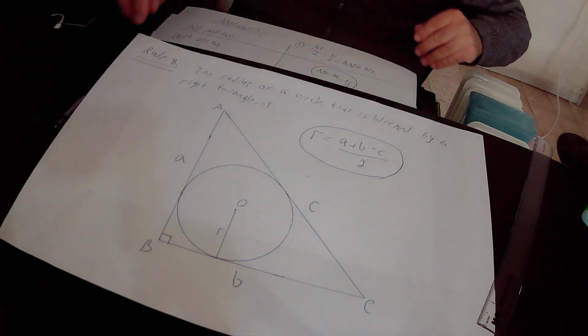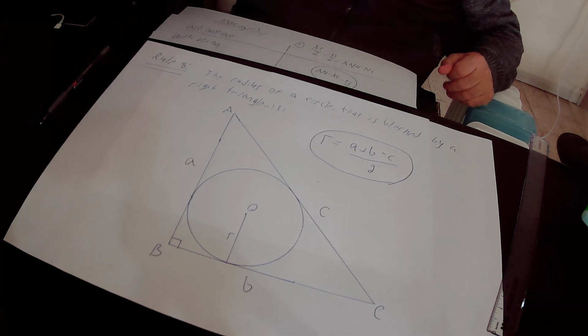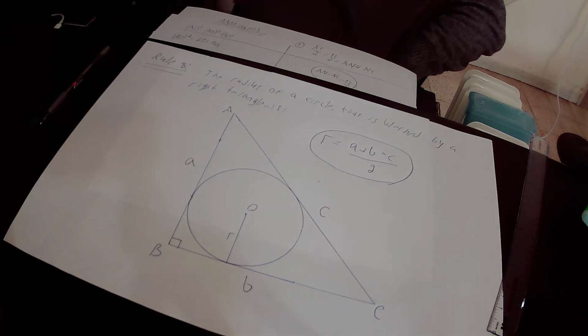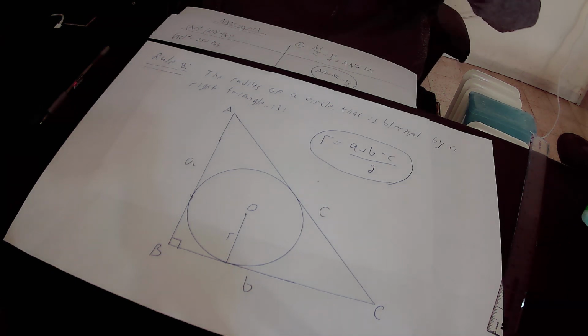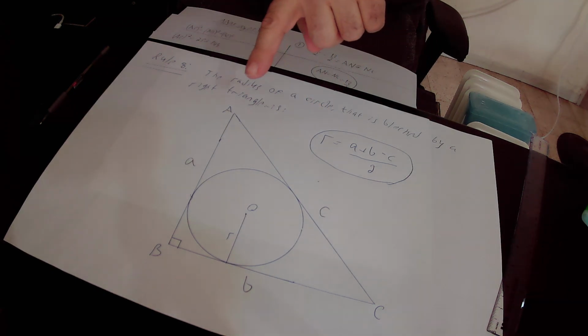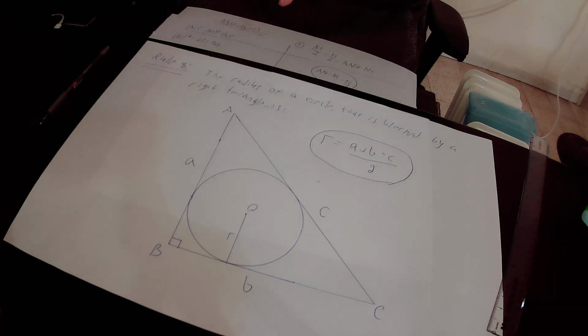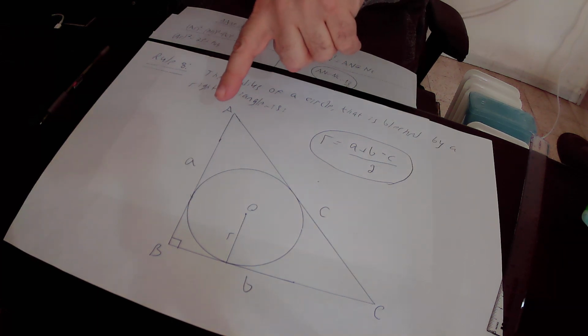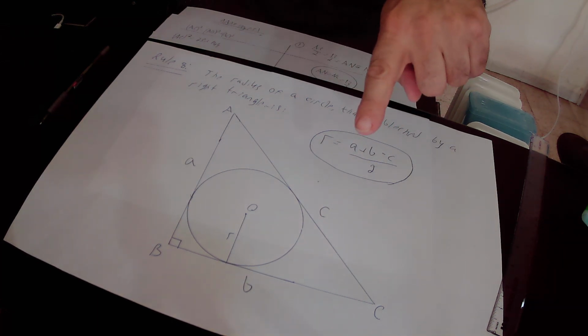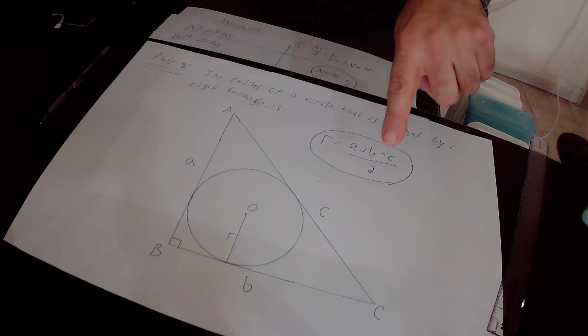According to rule number 8, the radius of a circle that is blocked by a right triangle is R equals A plus B minus C over 2. Here we have the right triangle ABC, and angle ABC equals 90 degrees. Side AB is A units in length, side BC equals B units, and finally the hypotenuse AC equals C units.